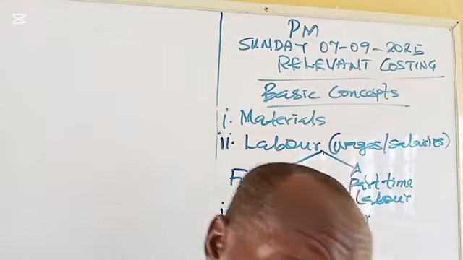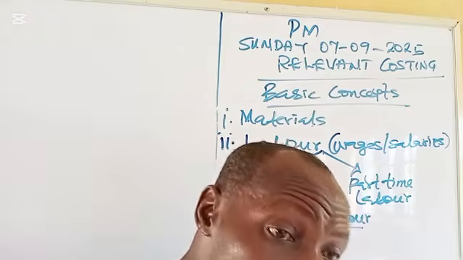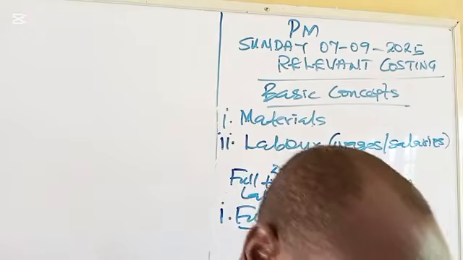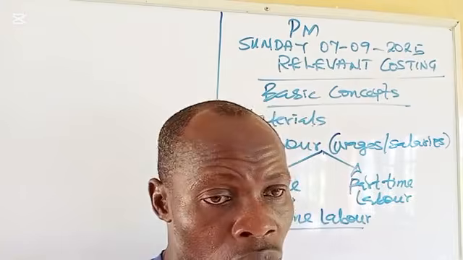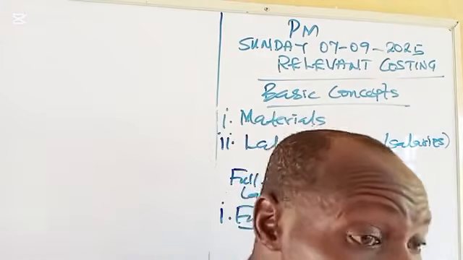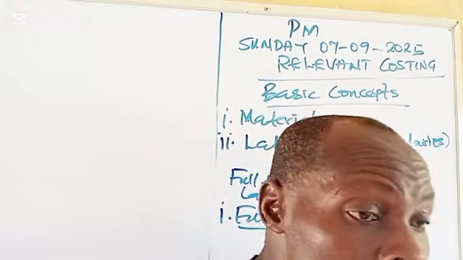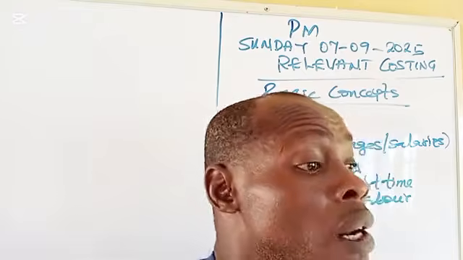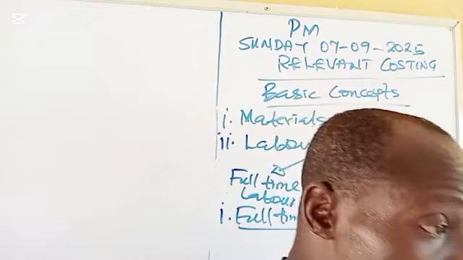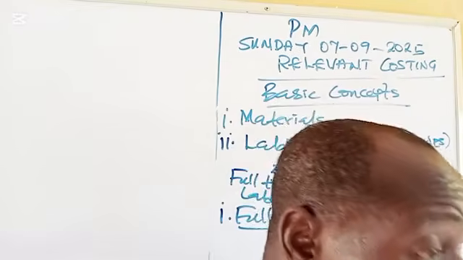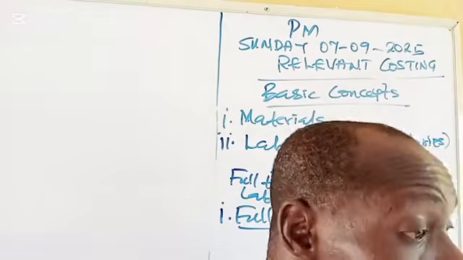Unless, based on their normal working hours, the full-time staff will not be able to complete the job and you make them work extra time. That means you will have to pay them for what? Overtime.